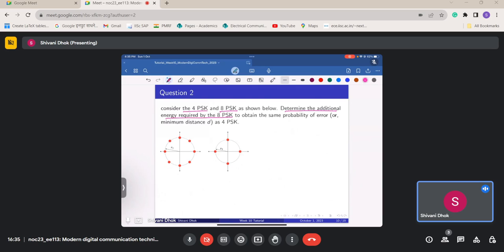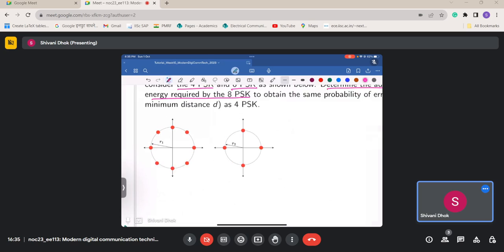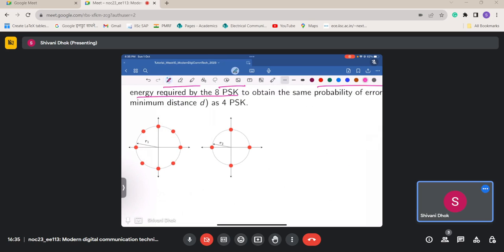So it is sufficient to know what is the additional amount of energy that we require so that the minimum Euclidean distance between these two constellations is the same.